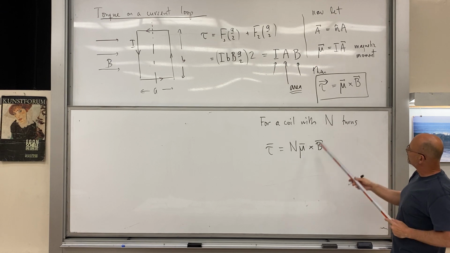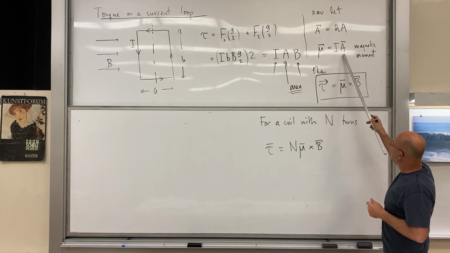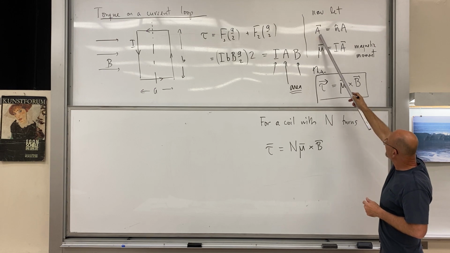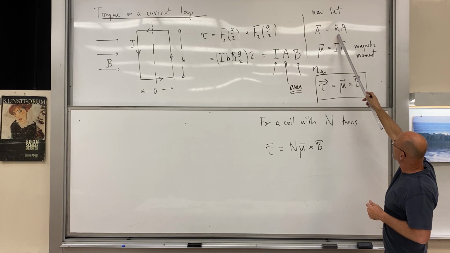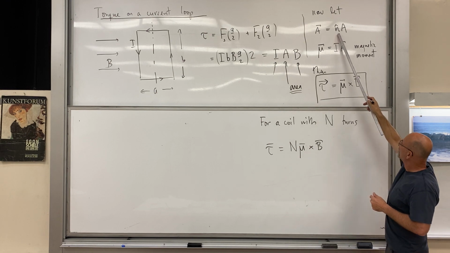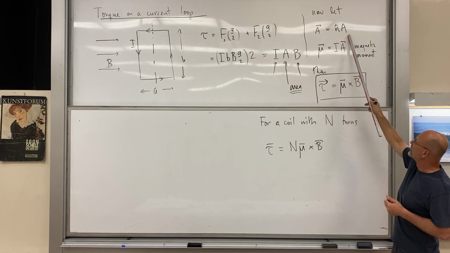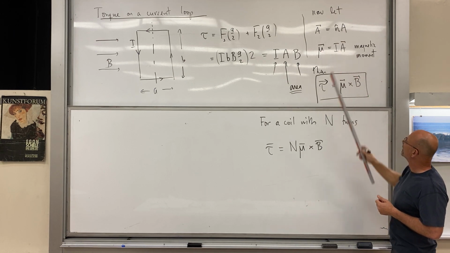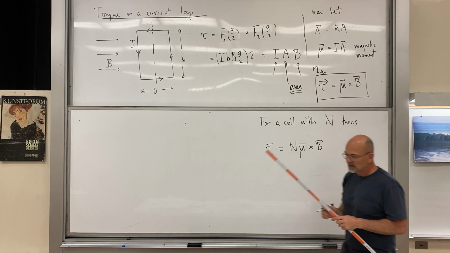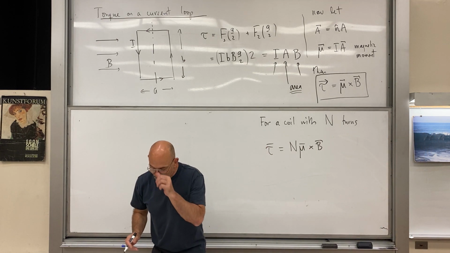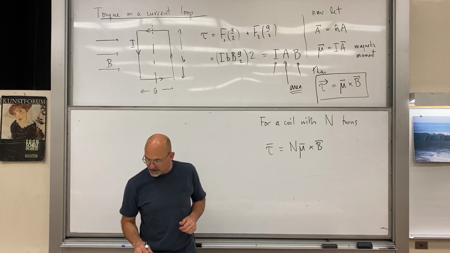So yeah, we have magnetic moment, but this goes back to the directed area, which is perpendicular, or which vector stands perpendicular to that area, right? Actually, the standard area element, directed area element. Okay, I think we'll leave it at that. This is going to be the basis of electric motors and other things.